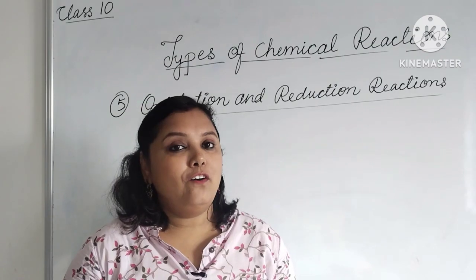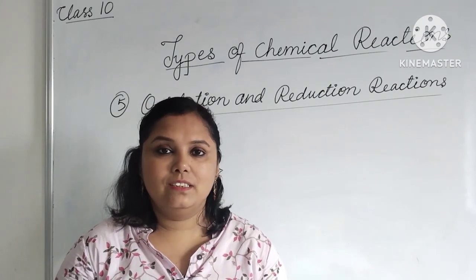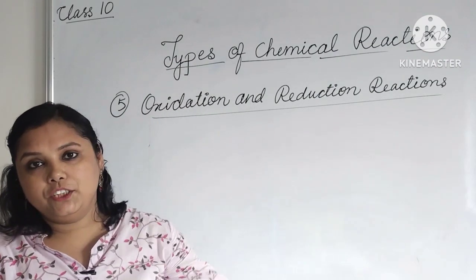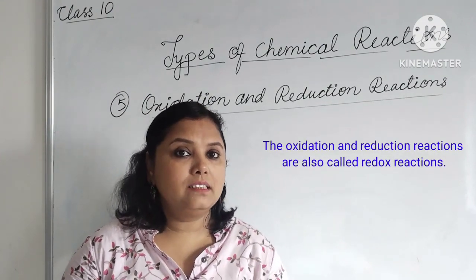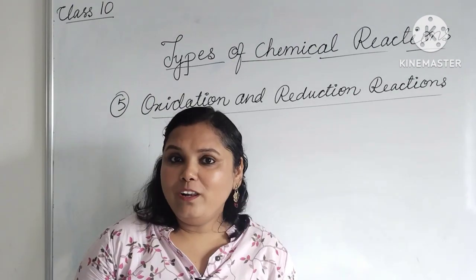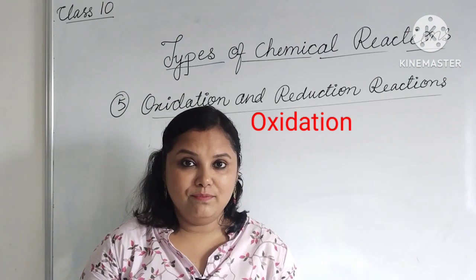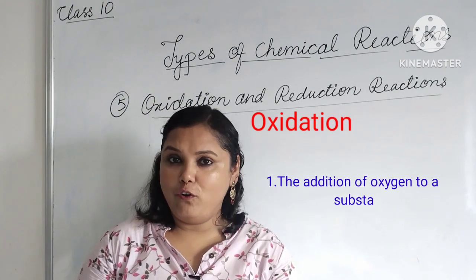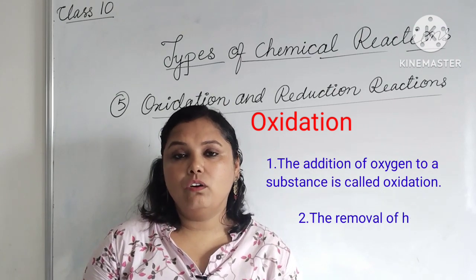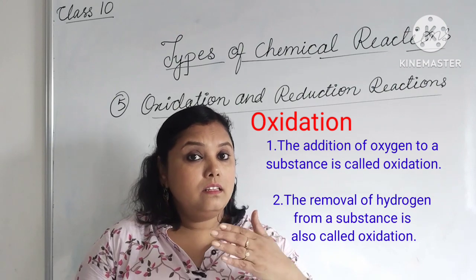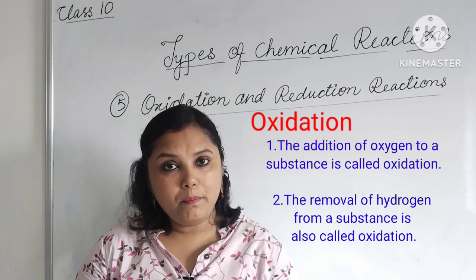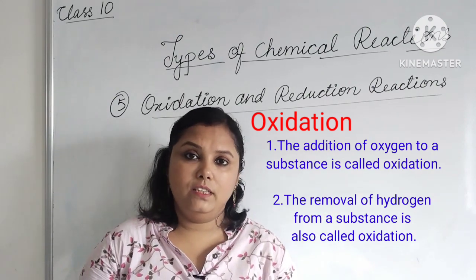Okay. Now our last type of chemical reactions are oxidation and reduction reactions. Oxidation and reduction reactions are also known as redox reactions. Now let us see what is oxidation. The addition of oxygen to a substance is called oxidation, or we can say the removal of hydrogen from a substance is called oxidation.